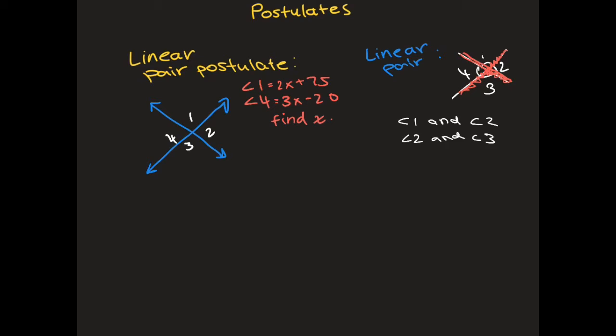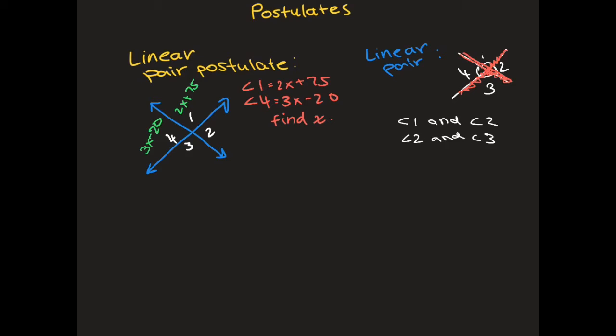The first step to solving one of these equations is to plug in the information you're given. So we'll put angle 1 as 2x plus 75 and angle 4 as 3x minus 20. As you remember from our linear pair explanation, you have to ask yourself whether angle 1 and angle 4 come together to create an entire supplementary line.